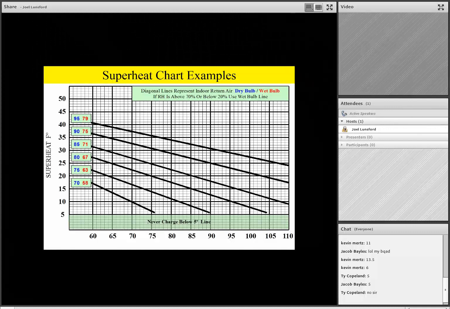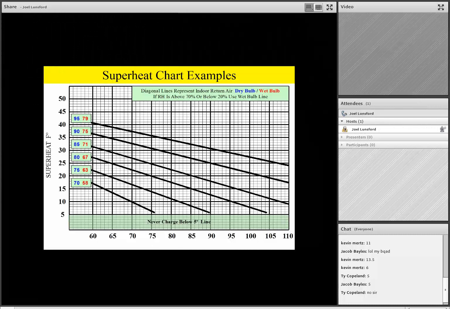In this example, we have a 67 degree wet bulb. So please find that diagonal line that corresponds to 67 degree wet bulb. And let's say it's 95 degrees outside with a 67 degree wet bulb. If we move straight to the left, we see the required superheat in that example is 10 degrees.